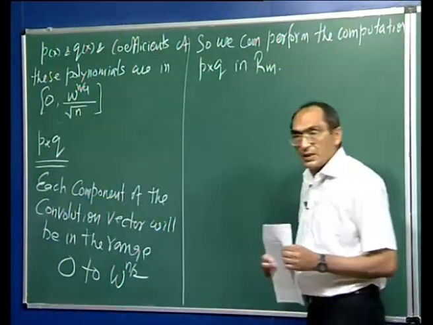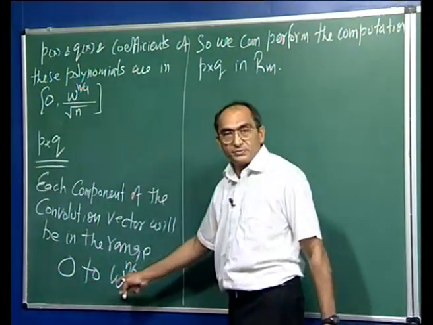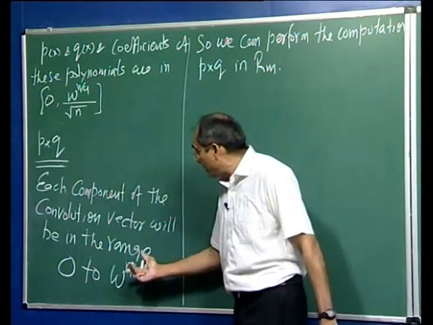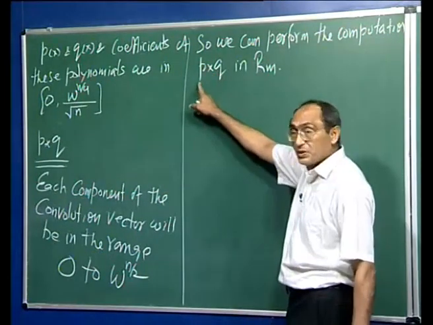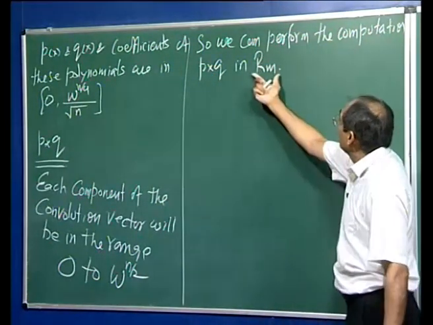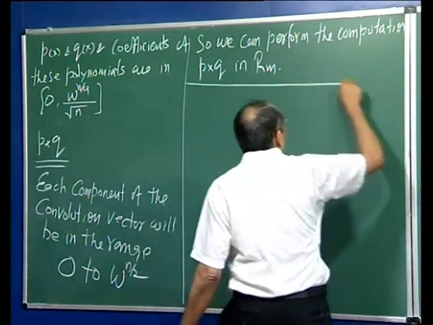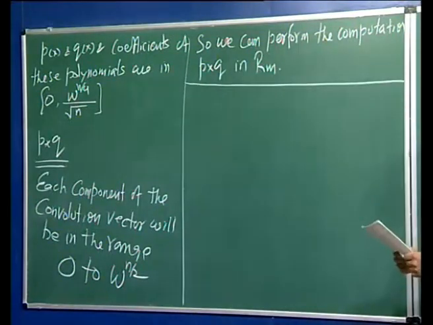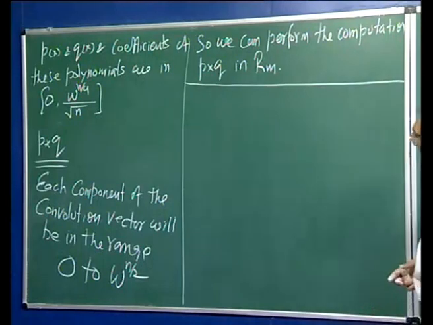The reason is, in Rm these values will not change, they will remain as they are. So, we can get the exact value of the product of these two polynomials when we perform computations in Rm. So, these are the observations about the complexity, and of course, one remark about how far we can go without losing any information.